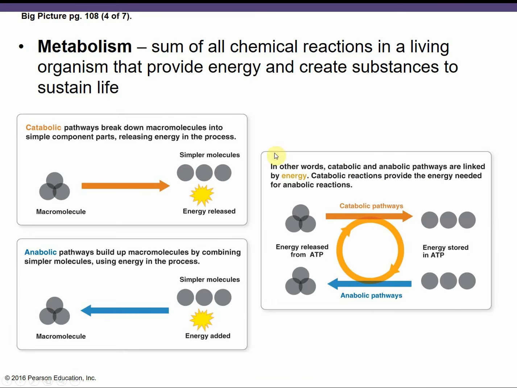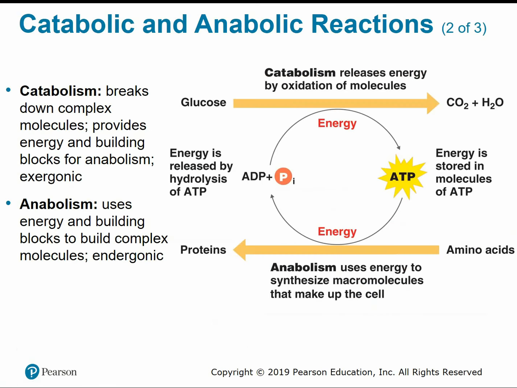There are two types of metabolism. Your catabolic reactions are going to be your breakdown, and your anabolic pathways are going to be your building reactions. Catabolic and anabolic reactions are considered kind of like coupled reactions. The end products of one reaction are going to power our second set of reactions.